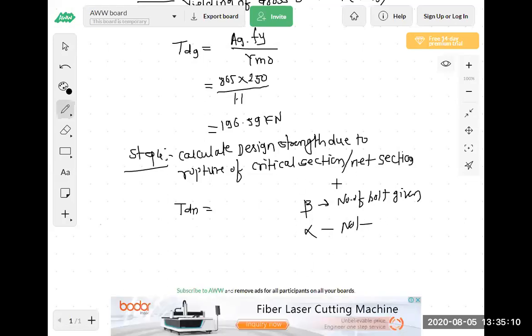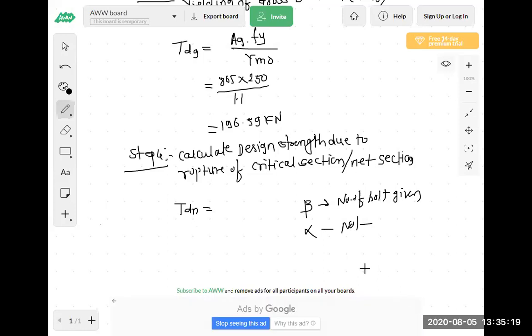Now see, this is the statement only. Number of bolts are given in the problem statement. They have given 4 number of bolts. You can see the problem statement. They have given n is equal to 4. Given or not?